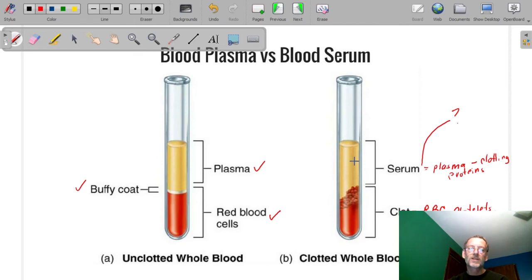So they refer to this testing as serological testing. And they're looking for the presence of antibodies. So I'm not going to talk any more about serum. Right now we'll do a little bit more with antibodies when we get to the immune system. But just sort of FYI, when they're talking about anything serological, they're referring to the serum of the blood.